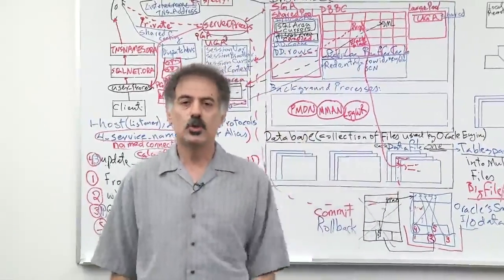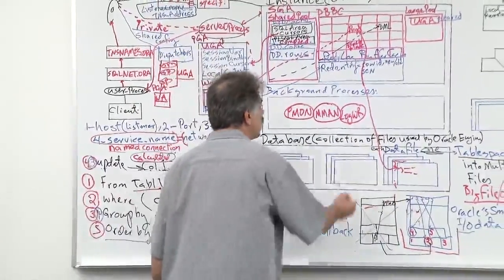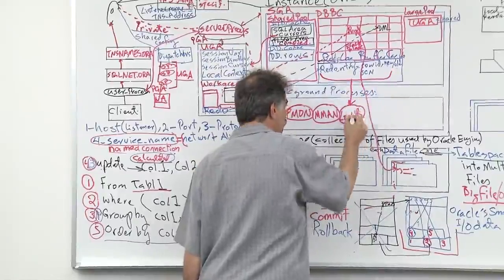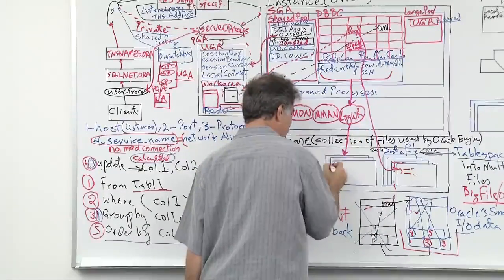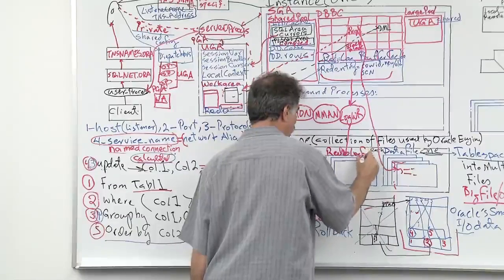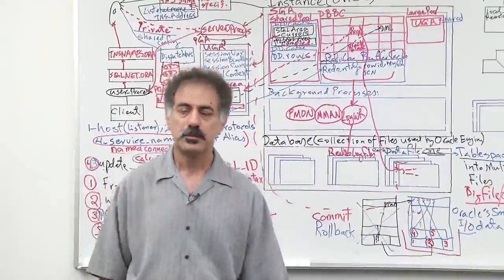Okay? And we have a background process that is called the log writer. So when the user says commit or rollback, then the log writer fires, grabs the redo, and dumps the redo into a set of files we call redo log files. All right?